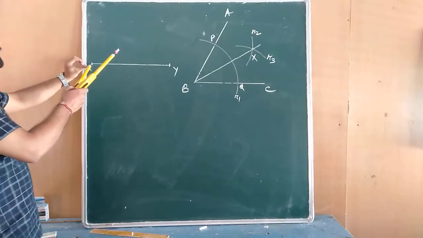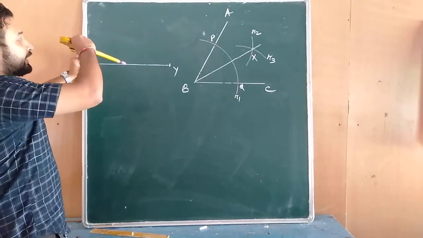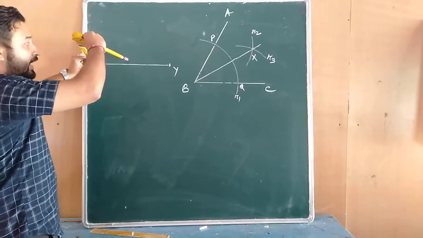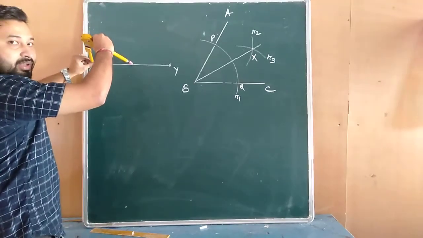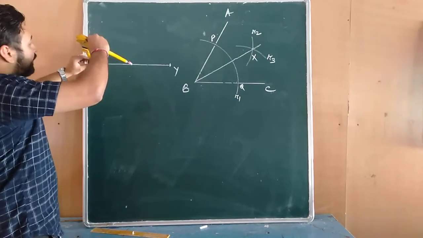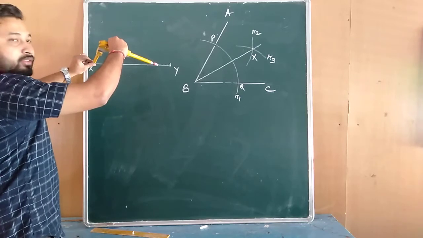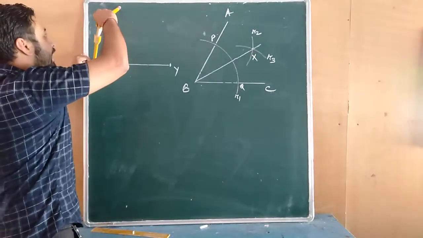At first we will take X as center and a radius equal to more than half of XY, approximately up to this much. So we draw one arc.